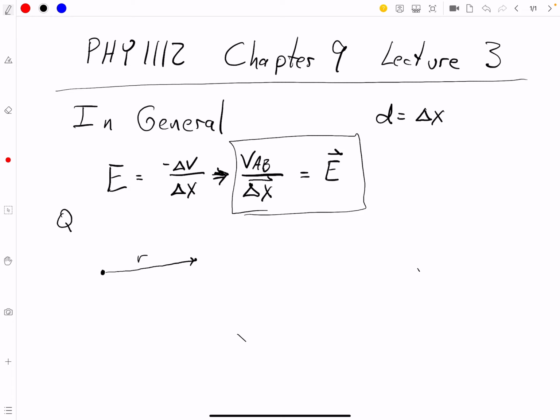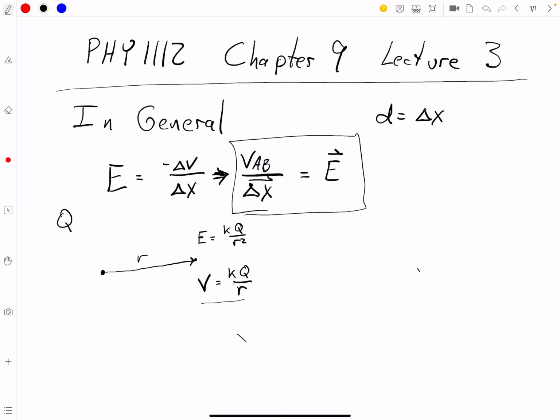We have E, of course, equals K Q over R squared, and V, or voltage, equals K Q over R. Okay, so I'm just stating that, but I think what we need to do is talk about it a little bit more.